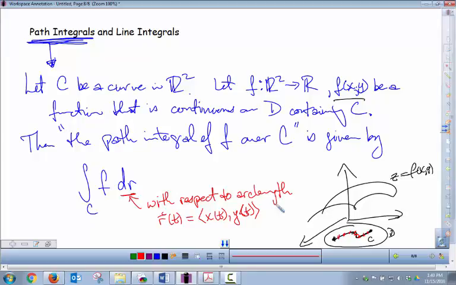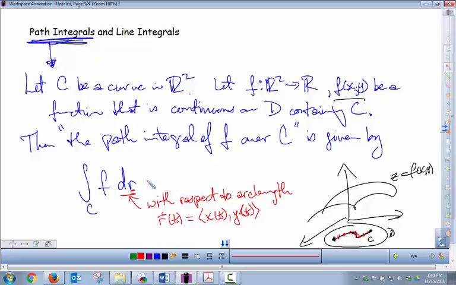So that r of t is going to be that arc length that we're looking at. And we talked about arc length before. So this time we're actually going to use that information in a lot more detail, and we're going to take a look at the arc length.